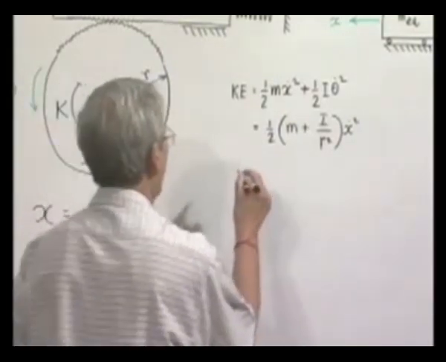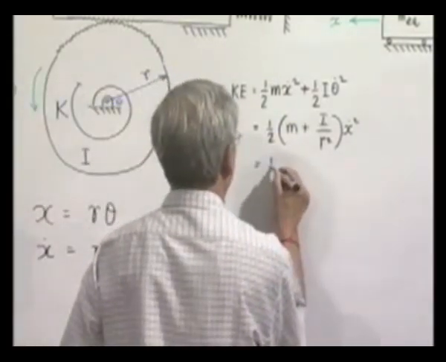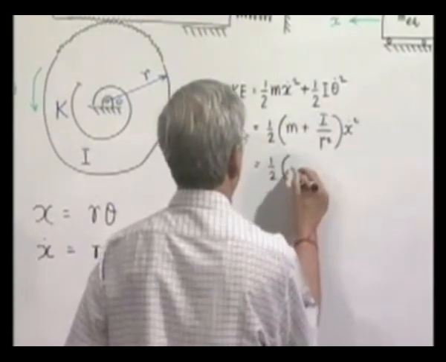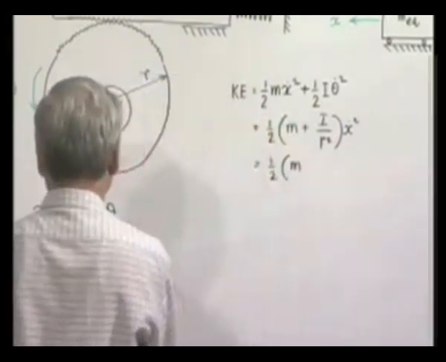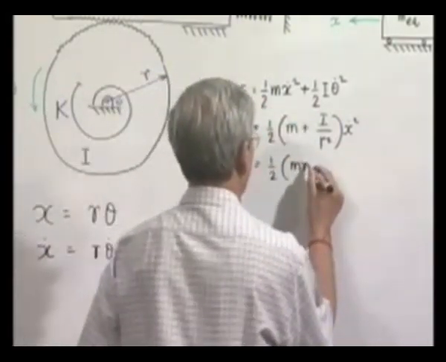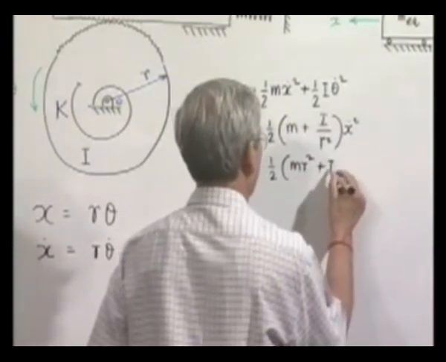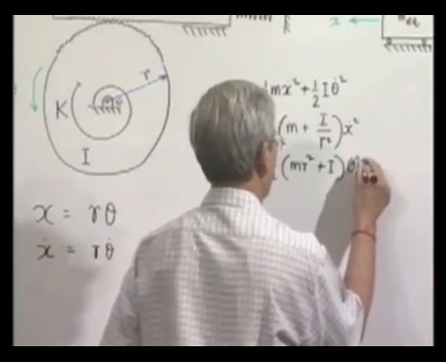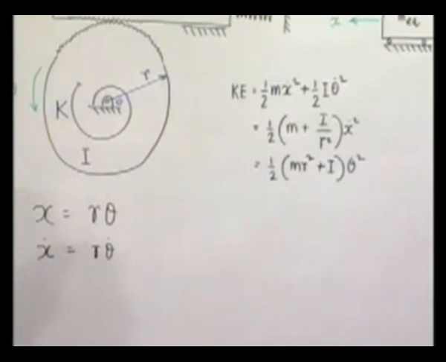Or we could write it as half m r square plus I times theta dot square. Both are possible.